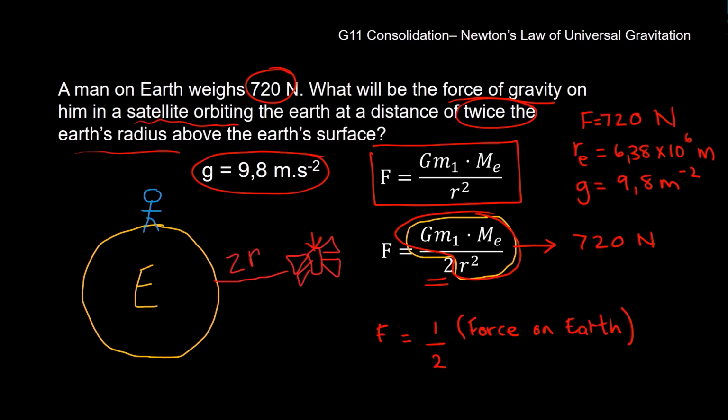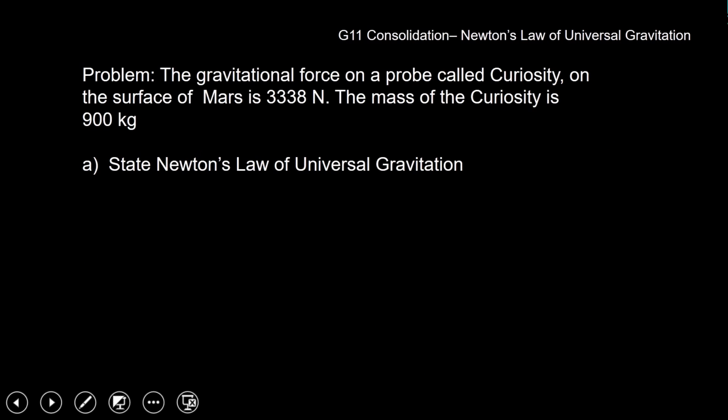They've given it to me. So I'm going to say 720 divided by 2, and my answer here, as I'm running out of space a little bit, is 360 newtons. How easy was that? So all we have to do is just apply a little bit of thinking and not panic too much when we see these ratio questions.